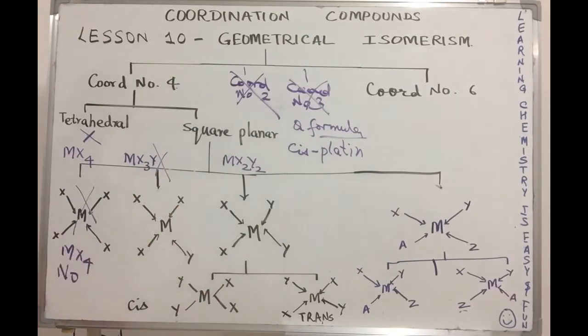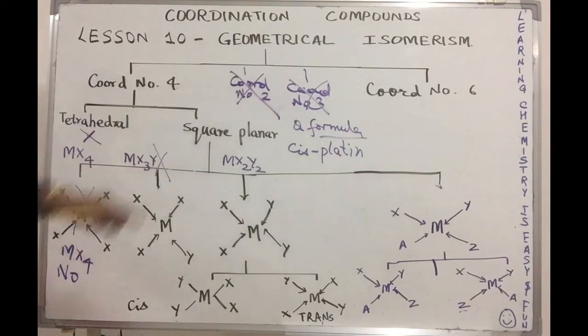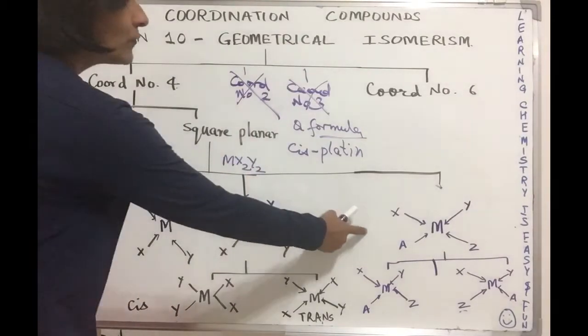The trans form, on the other hand, can be equally dangerous, right? That makes studying geometrical isomerism very, very essential, right? So once we know the reason why we are studying, it becomes more interesting. Let's go on to the fourth form.